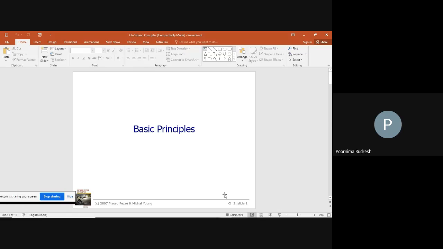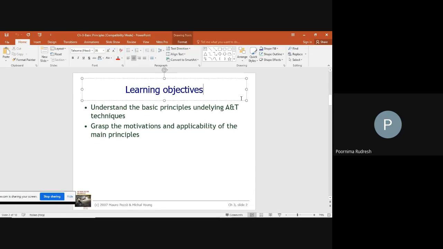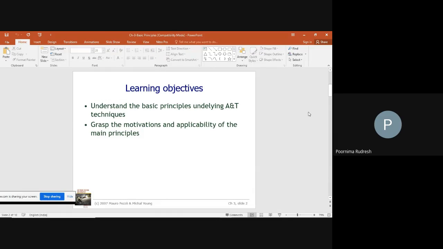So in this chapter, you're going to study about the six main basic principles for analysis and testing. Before moving on to the basic principles, we'll see why we require the basic principles and what those are afterwards. In this chapter, you're going to understand the basic principles underlying A&T techniques, which is nothing but analysis and testing techniques.